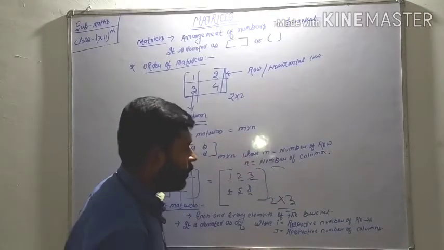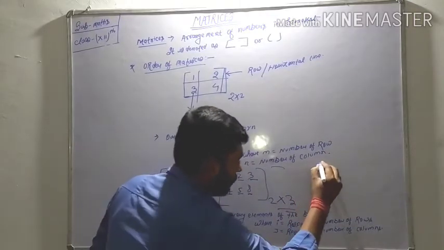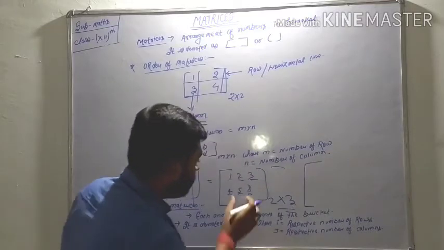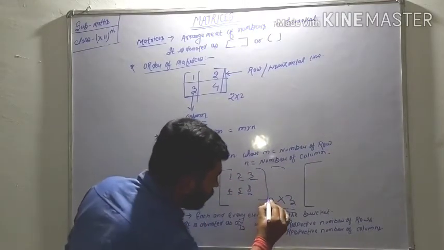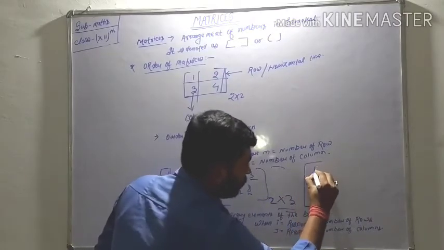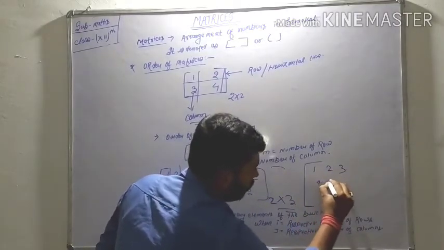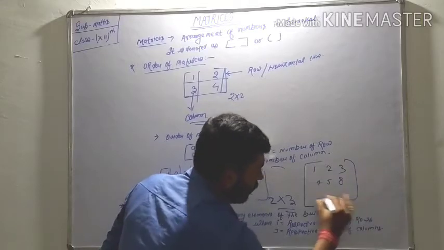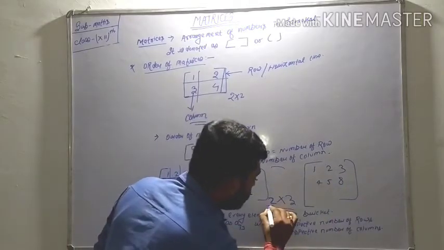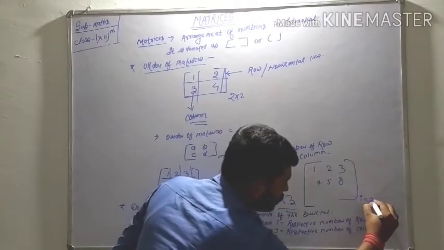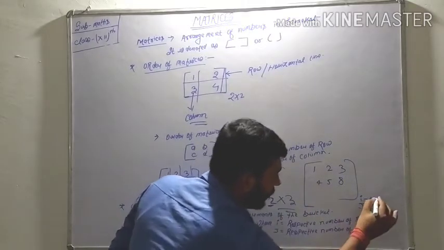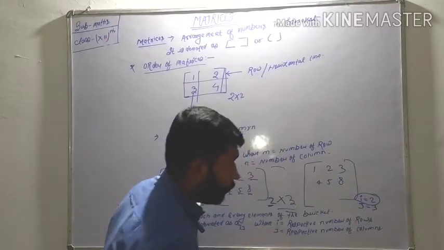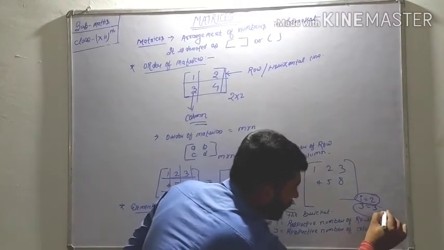Now, for example, 1, 2, 3, 4, 5, 8. Here i is equal to 2 and j is equal to 3, because i represents the number of rows and j represents the number of columns.